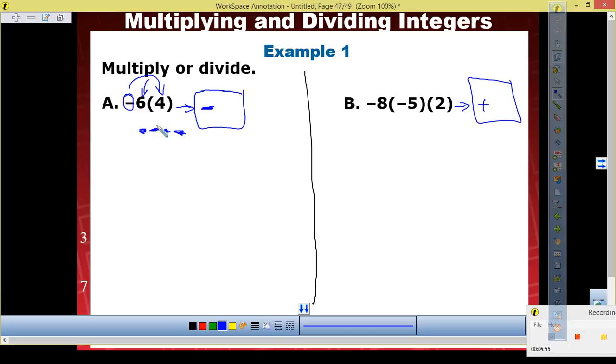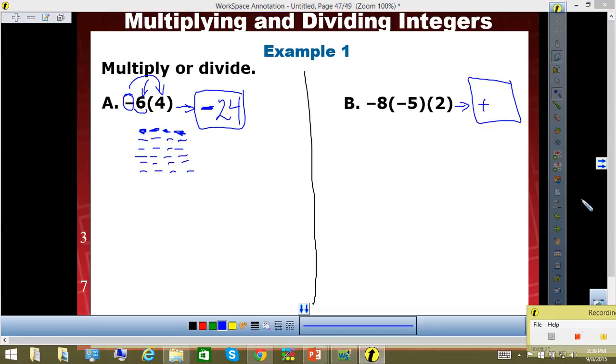How many times? 2, 3, 4, 5, 6. Do we have any zero pairs? No. So how many negatives do you see? 24. Copy that, please. See how that worked?